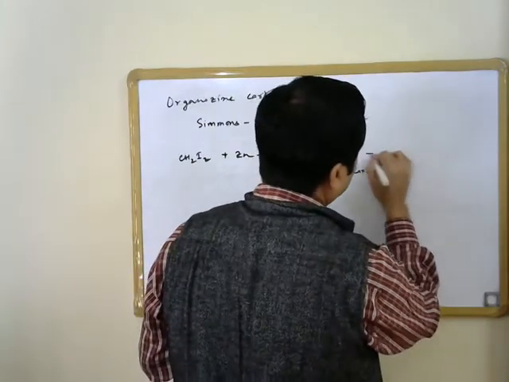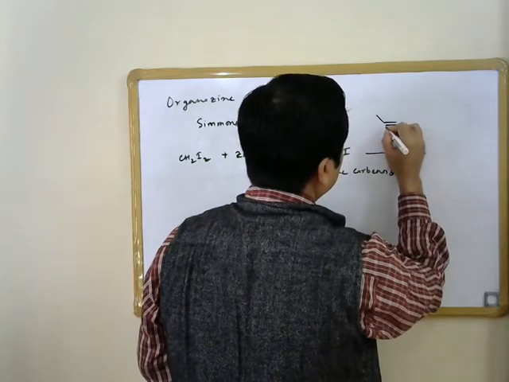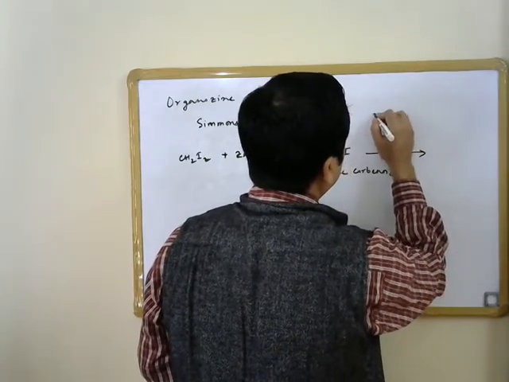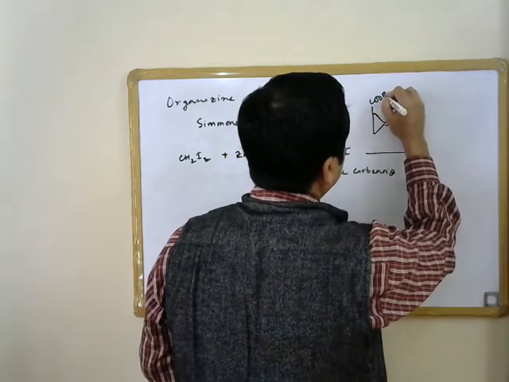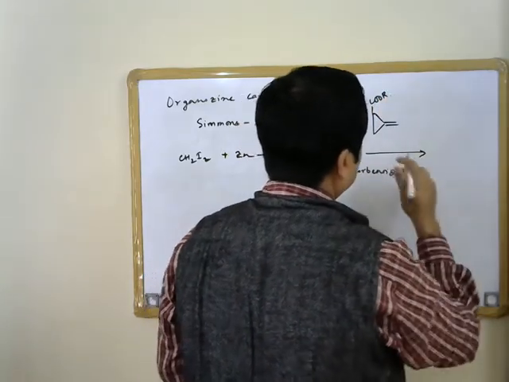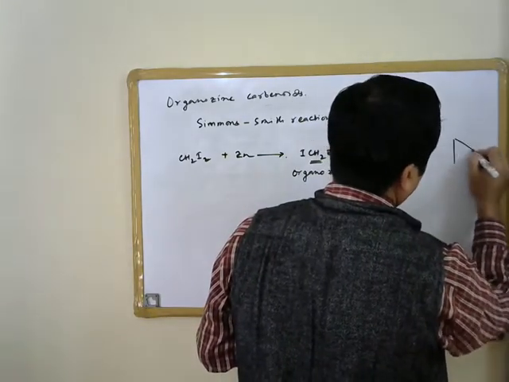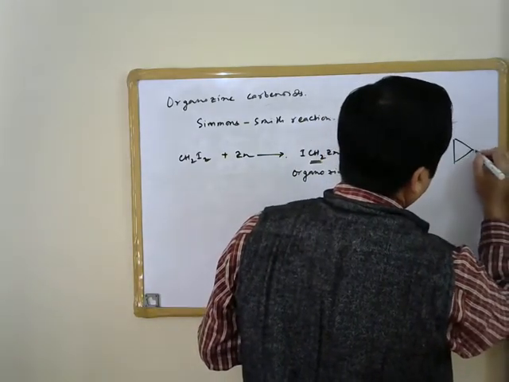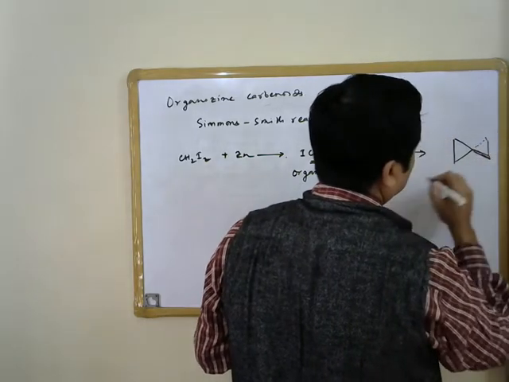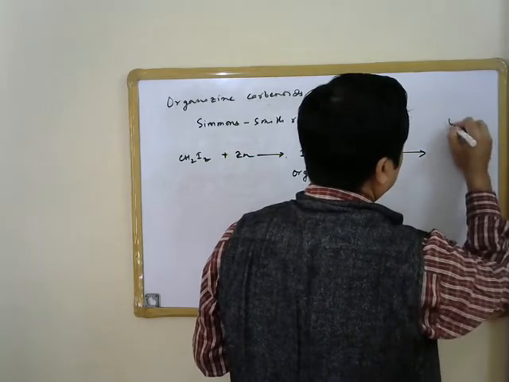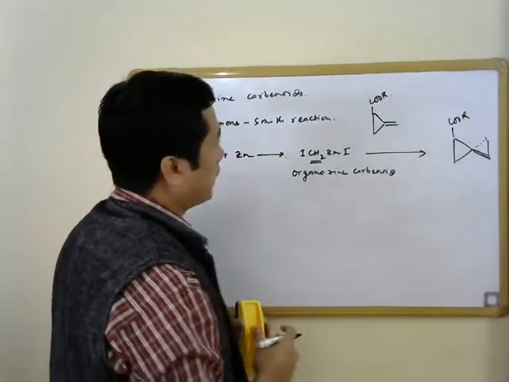Now this CH2 group can be added to a double bond here. So it can be added to this double bond, and this will lead to the formation of a spirocyclic compound. And this way it will be formed.